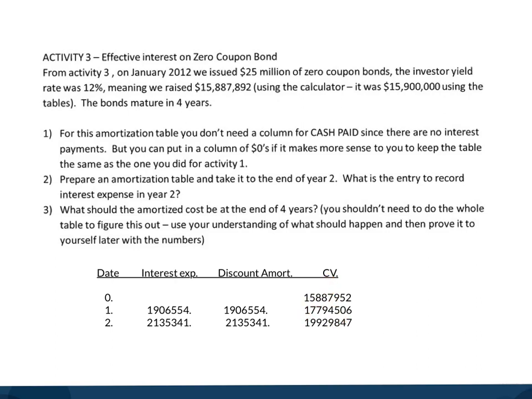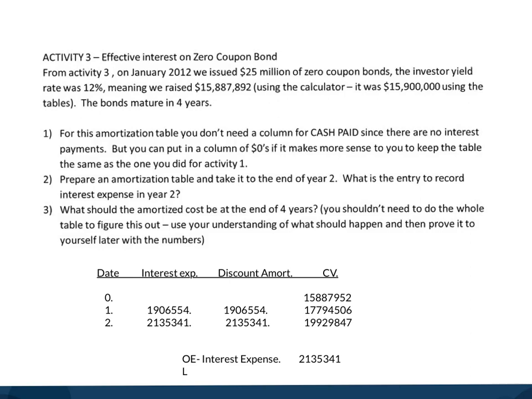So if I was going to record the entry for year 2, interest expense, remember there's no actual interest payment. So my interest expense is going to make the owner's equity go down, like it always does, for 2135341. I guess I'm doing year 2.